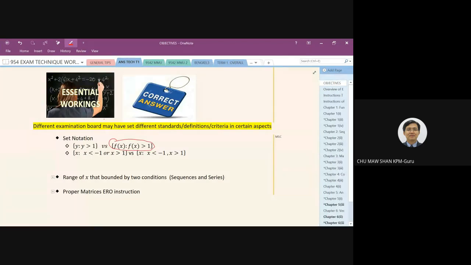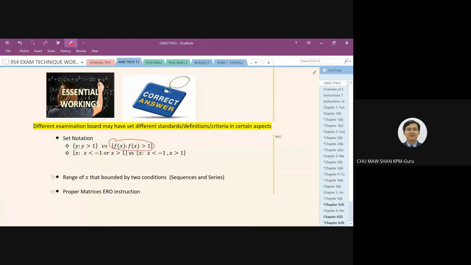When it comes to Form 6, definitely you are not allowed to write the range of a function in this form. To express the range of the function, you should use y to represent the image, not f(x).